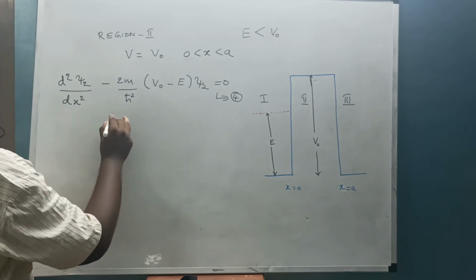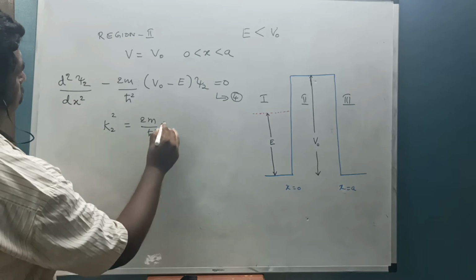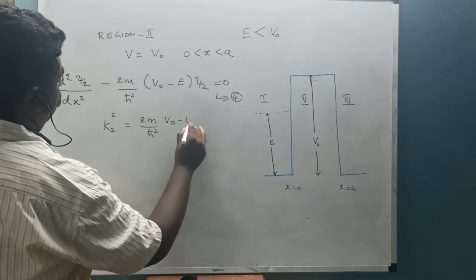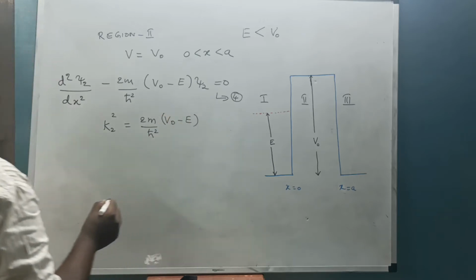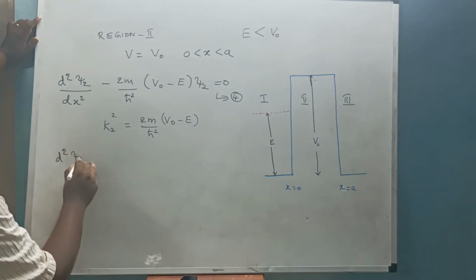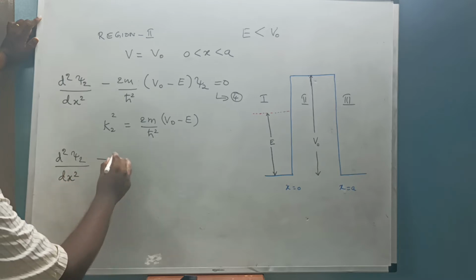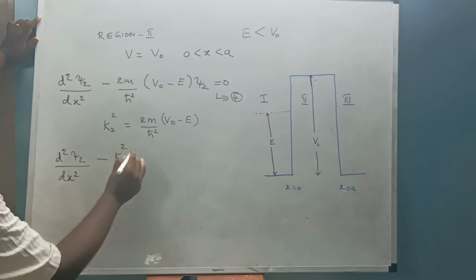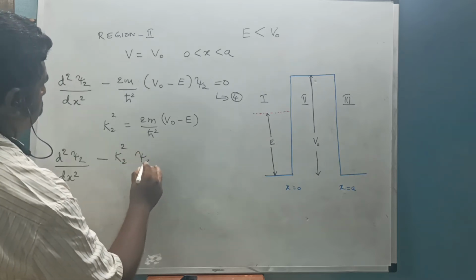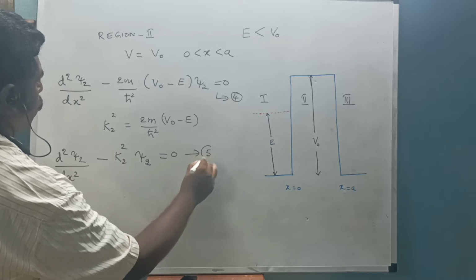If k2 square is equal to 2m by h cross square into V0 minus E, now we may modify equation 4 in this form: d square psi 2 divided by dx square minus k2 square into psi 2 is equal to 0. This is equation number 5.